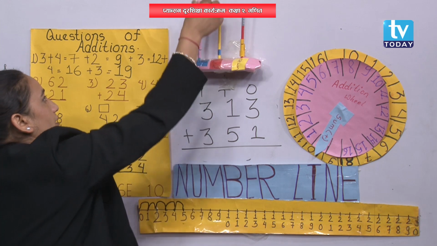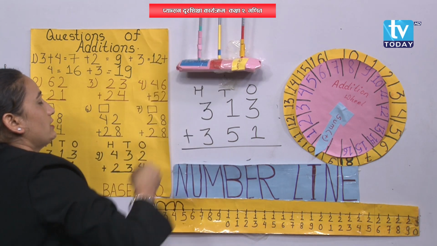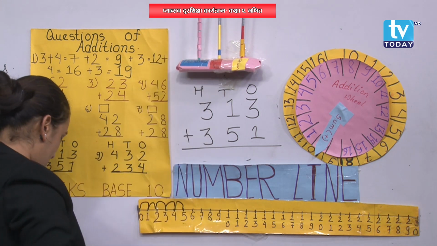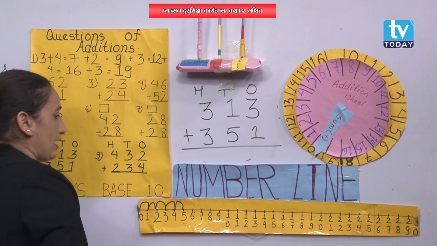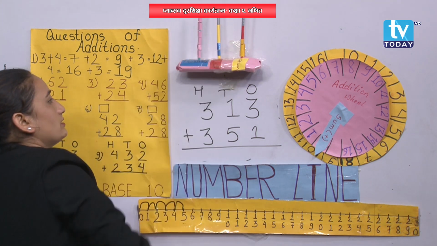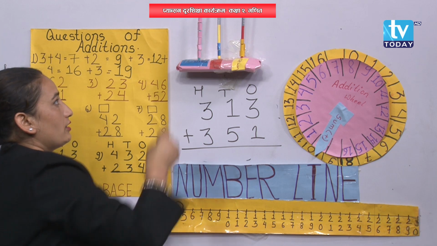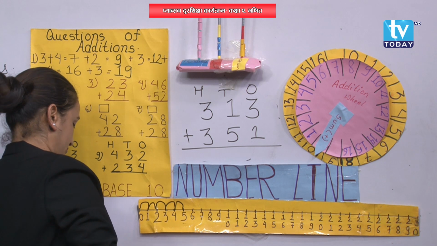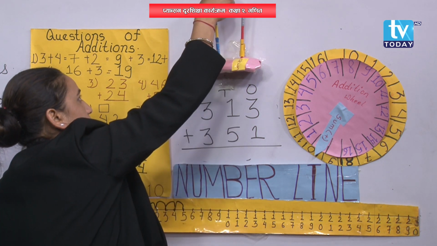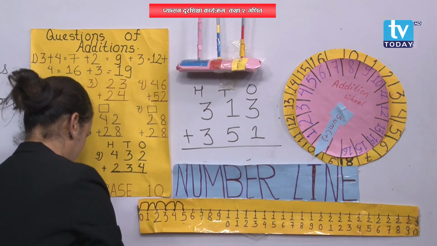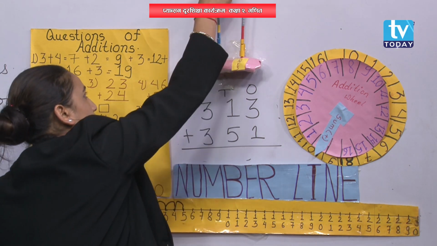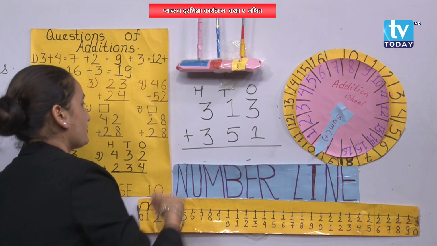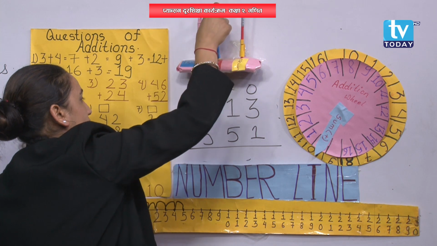So, let's put another 300, 100, 200, 300. Now, again, I need to put 50, right? So, 10, 20, 30, 40, 50.